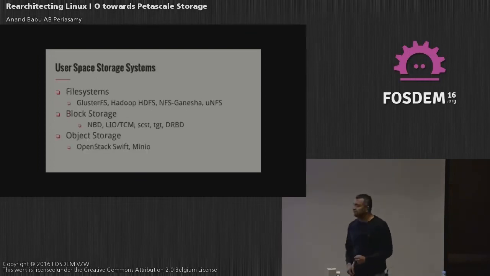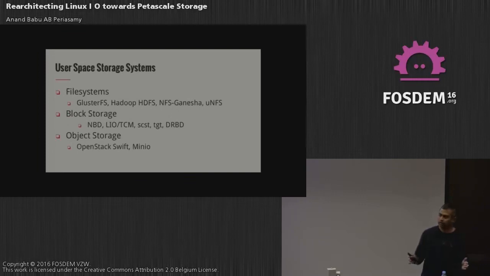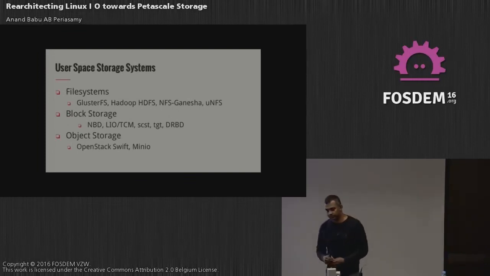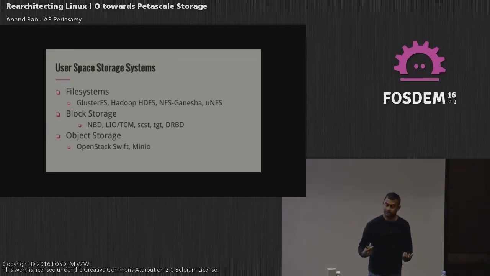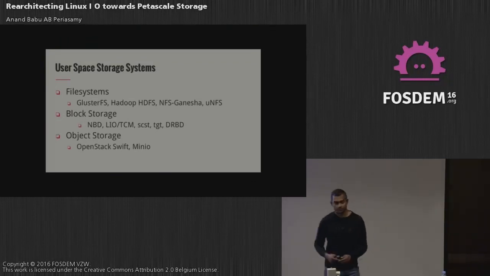Now, file system is not the only part. There are different types of systems to manage large amounts of data. There is block storage, there is file system, and then there is a new category called object storage. Object storage is somewhere in between file systems and block storage, but I would say object storage is closer to file systems without the POSIX semantics.